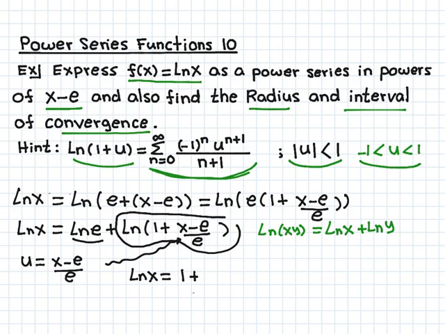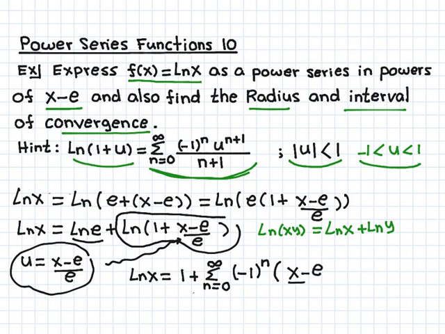So that's going to be summation n equals 0 to infinity, minus 1 to the power of n times u to the power of n plus 1, but u is equal to x minus e divided by e. So x minus e, we put that inside the bracket for u, that's divided by e to the power of n plus 1 divided by n plus 1.